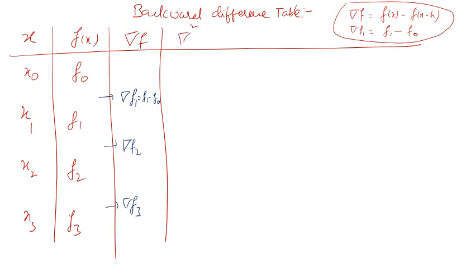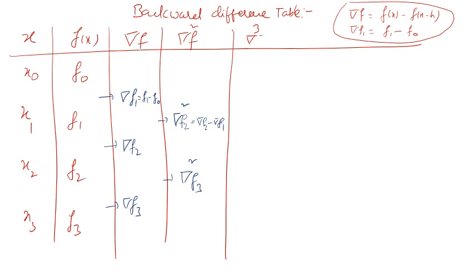Now second order backward difference, it is the difference between, this is del square f2. Del square f2 means del f2 minus del f1. And what is this? Del square f3. Second order difference is over.